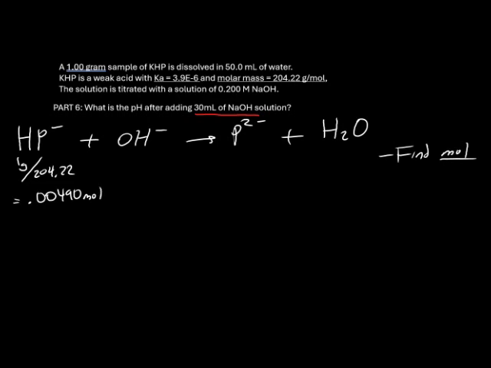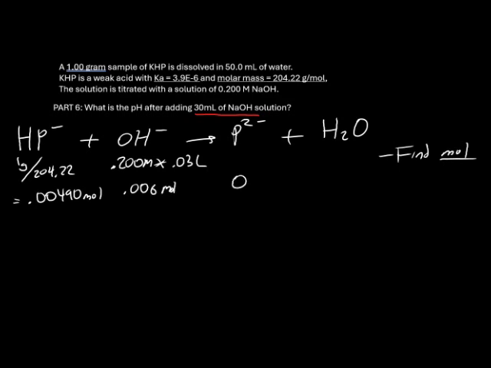But we have a different number of moles of OH now. We're taking the molarity times the liters. Our molarity was 0.200, and our liters are now 30 milliliters or 0.03 liters. When we multiply, we'll get 0.006 moles.